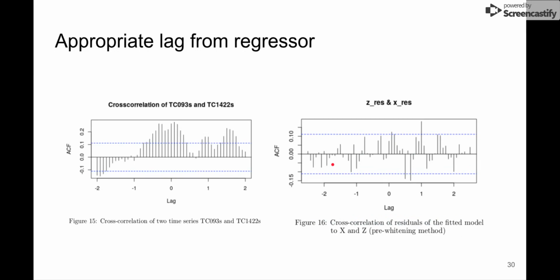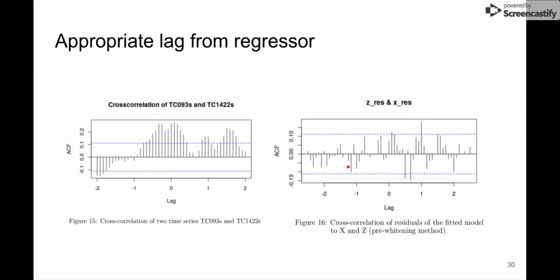So the next thing to do was to find the appropriate number of lags, and this is the cross-correlation of 2 time series after making both of them stationary. It is not really obvious what lag is appropriate, but it seems that lag 1 is good.